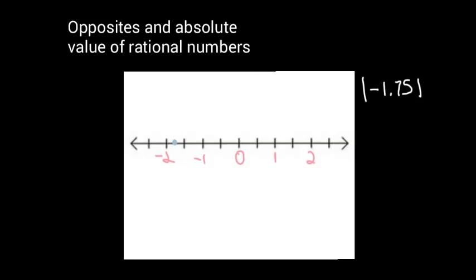So negative 1 3/4, or 1 75/100, would be right there on the number line. So our absolute value is 1 and then 75/100. So our absolute value of negative 1 75/100 would be 1 75/100. And because that was a negative number, the opposite is also 1 75/100.